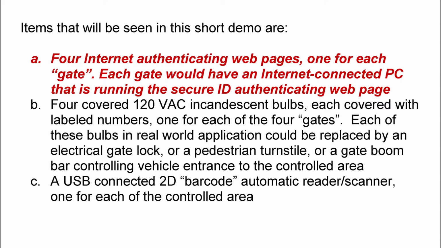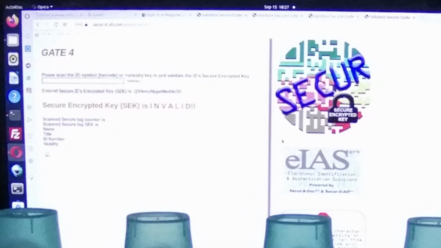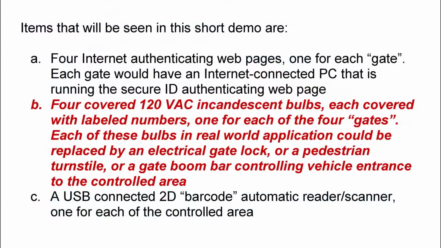Each of the 4 gates will have its own PC, running its own appropriate authenticating web page, and a USB-connected 2D barcode scanner. Each of the colored and numbered electrical bulbs represent a gate. When a Smart QR ID is authenticated at a particular gate and the light bulb turns on, that means the ID holder is allowed access through that gate.